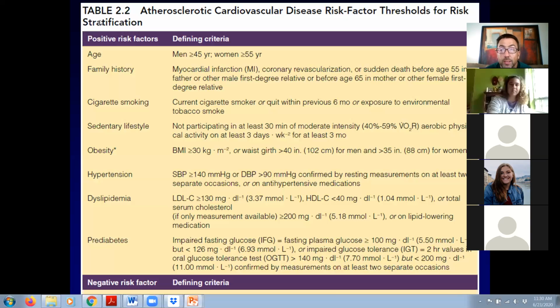The first is called dyslipidemia. Dyslipidemia is referring to, do you have elevated levels of LDL cholesterol, okay? Or do you have super high levels of total cholesterol? So LDL cholesterol, the LDL stands for low density lipoprotein.